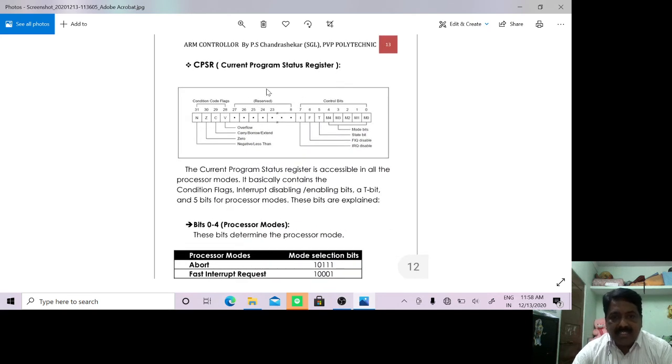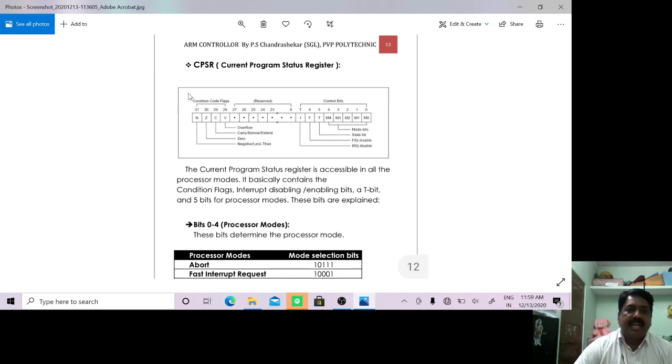Then the CPSR will be saved into the SPSR, or the saved program status register of the fast interrupt request. Once it is saved into the SPSR, the CPSR will be free for use in the fast interrupt request mode of operation.